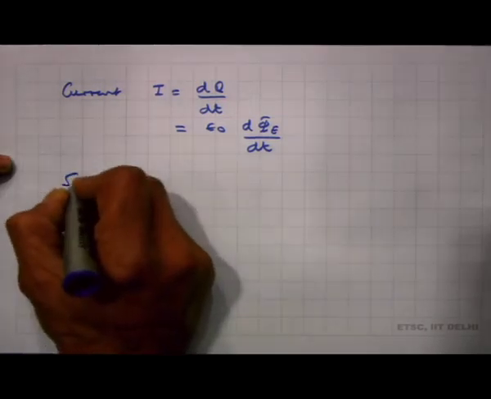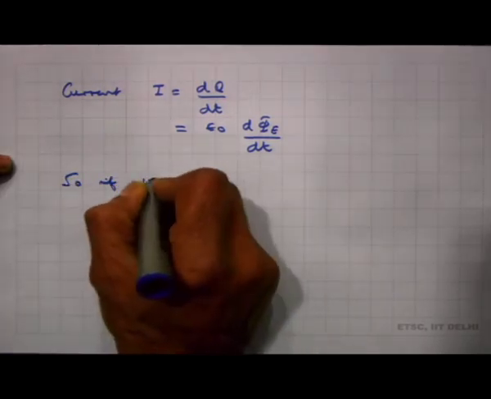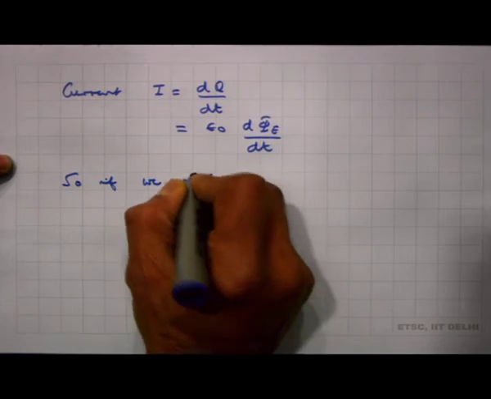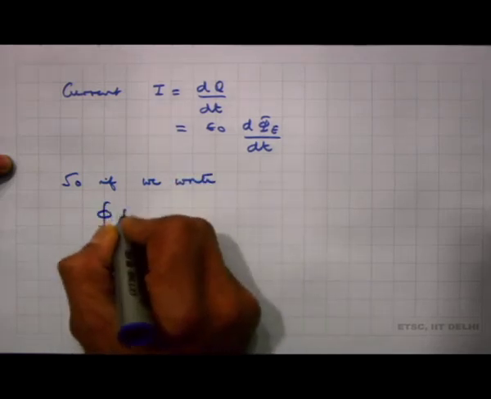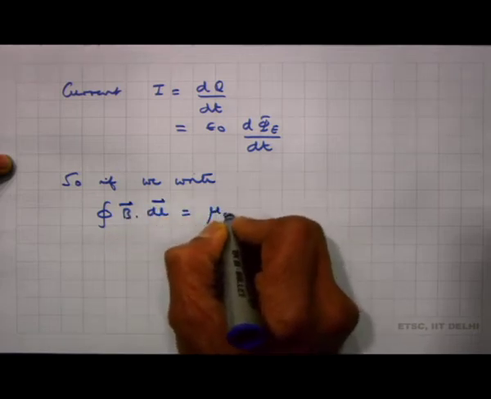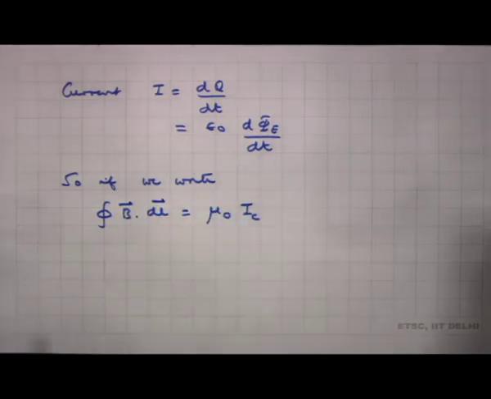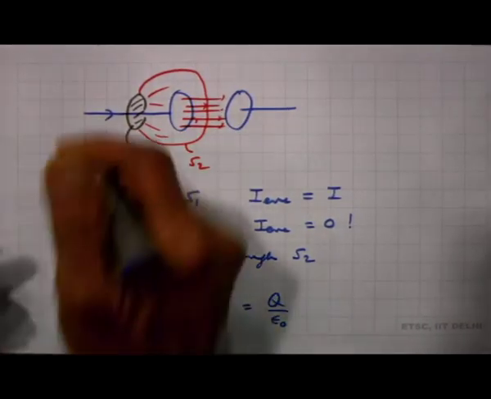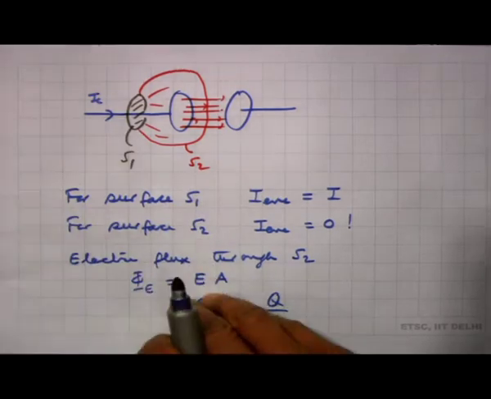So, if we write integral B dot dl is equal to mu 0 times, now I will call this the conduction current, the current that is actually flowing through the wire. I call this conduction current to differentiate it from another current.